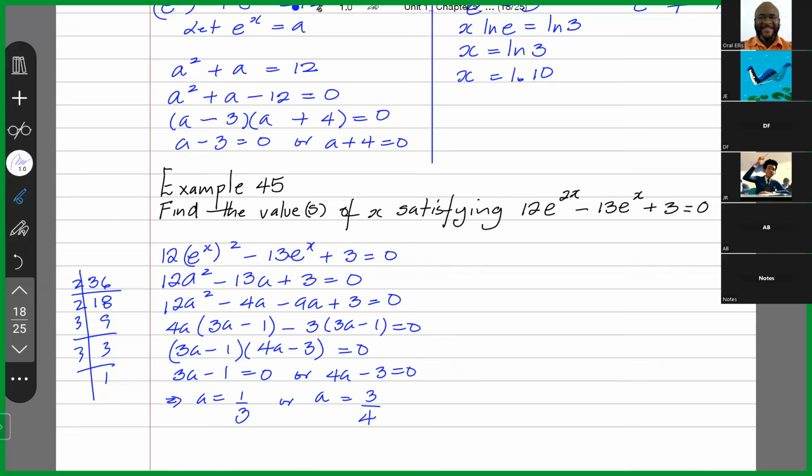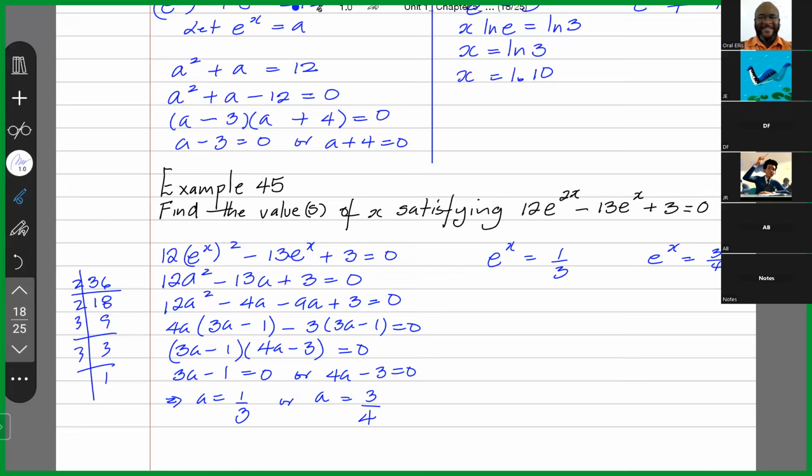But if you remember, we're not finished because a is actually e to the x. So what we have is e to the x is equal to 1/3, which is possible, and e to the x is equal to 3/4.